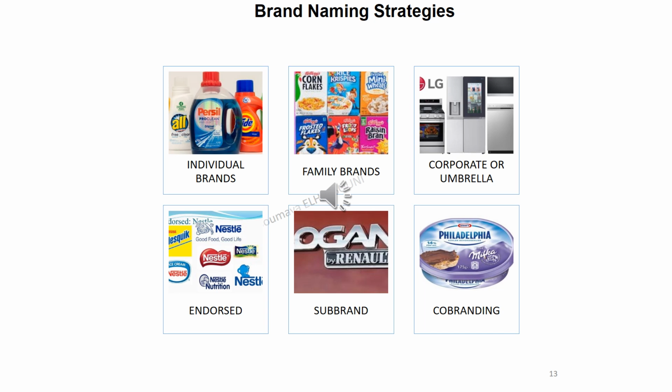And here I chose Kellogg, which is the best example I could think of, because with Kellogg you have Kellogg, which is the company name, and within Kellogg you have other names. For example, Frosties. Frosties is a unique product, but it belongs to the same family brand.